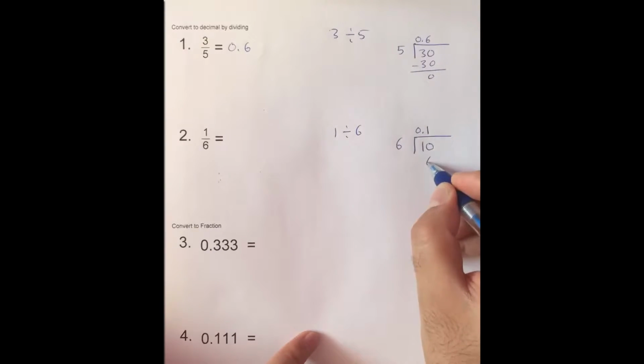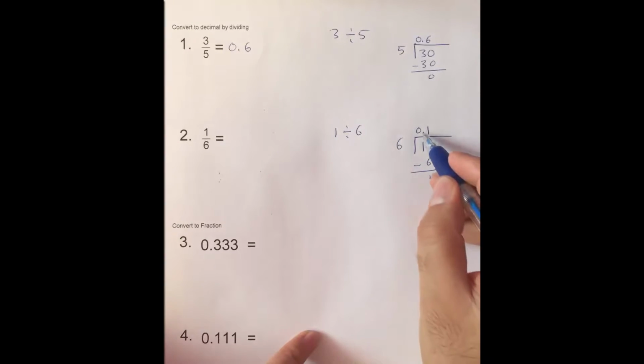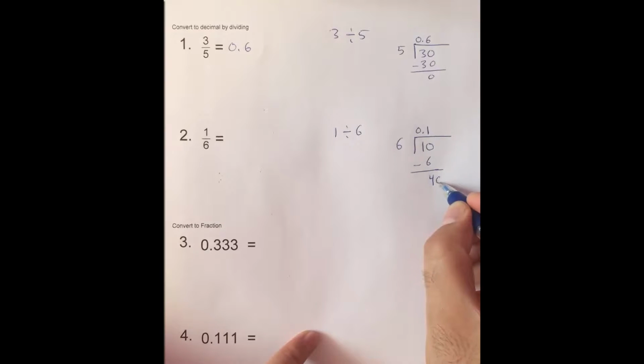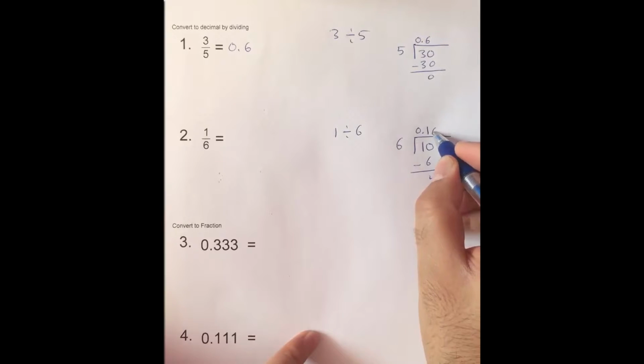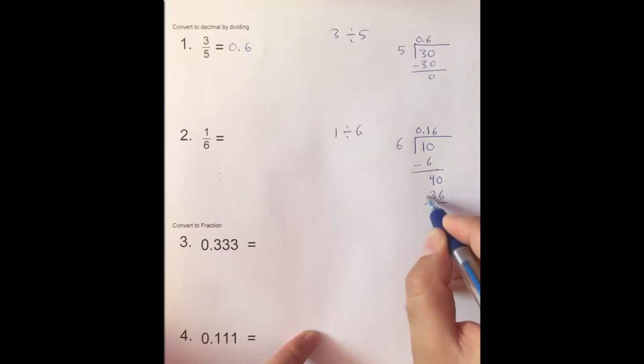1 times 6 is 6. Again you subtract, you get 4. As I said in my other video, because you have a decimal here, now you are allowed to add a 0. Now it's 40. How many times does 6 go into 40? 6 times. 6 times 6 is 36. When you subtract it again, you get 4.